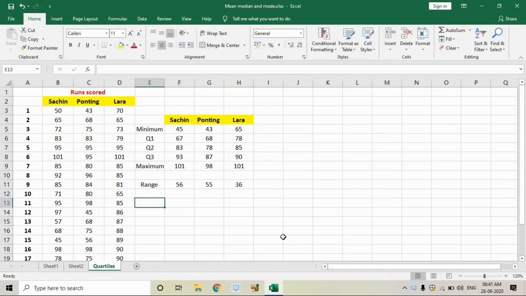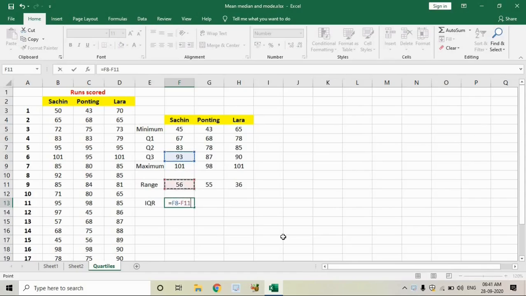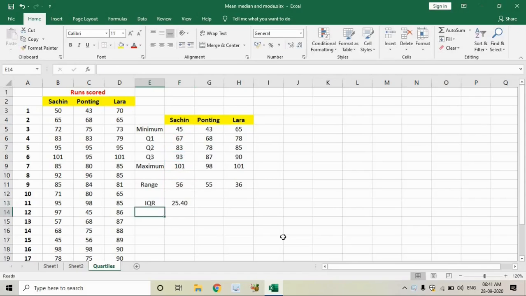And the next one is interquartile range, the difference between Q3 and Q1. So Q3 minus Q1, we'll get the IQR. So these are the respective values. IQR is important in quartiles because if we need to find the outliers, we need to have the value of IQR with us.